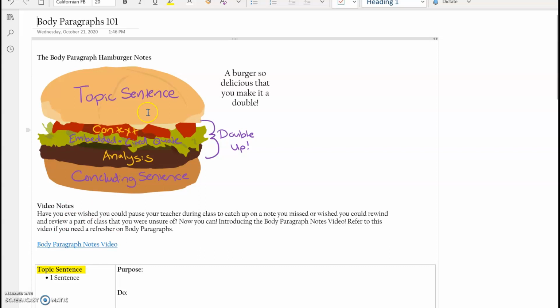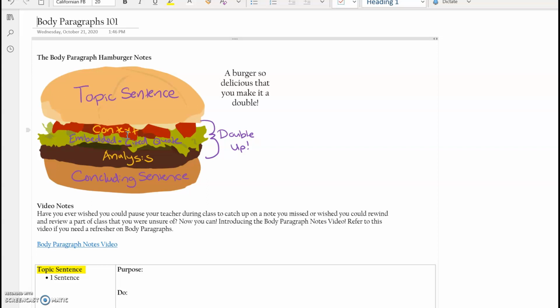You have the bun as your topic sentence, and the bottom bun kind of keeps things nice. That's how everything is held together. The burger of the hamburger is going to be the meat, the most important part, the analysis. Our context and our embedded and cited quotes add a little bit of flavor.